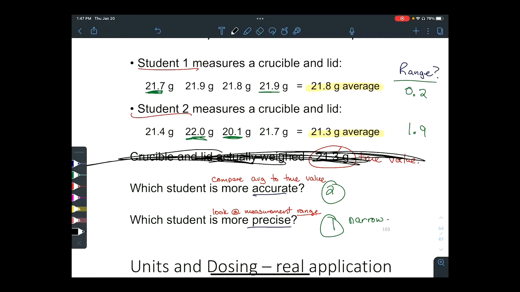But who is more accurate, we actually wouldn't be able to tell because we don't know who's closer to the true value. Oftentimes students will mix up precision and accuracy and think they're synonymous, but they're not. Accuracy is always compared to a true value, and if we don't know the true value, we cannot comment on accuracy. So that's how the question would change. All right, so let's keep going.